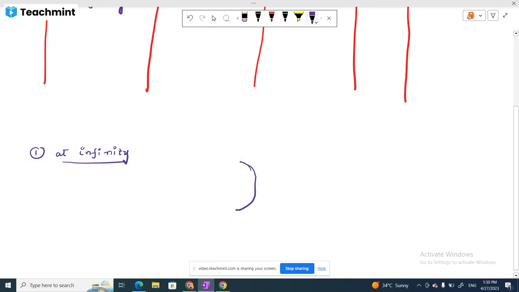This is my concave mirror. The bulged surface should be silver coated, and it has the pole P and the center of curvature C. If you join the center of curvature and pole, this line is called the principal axis.